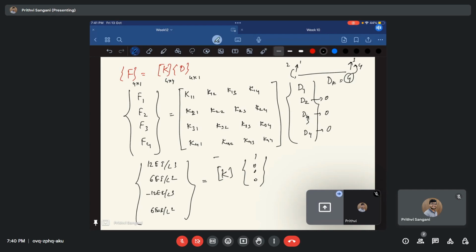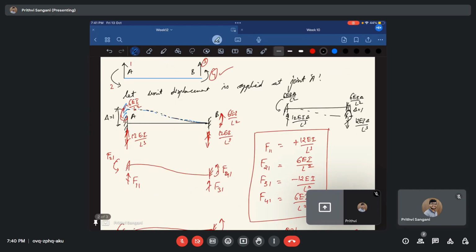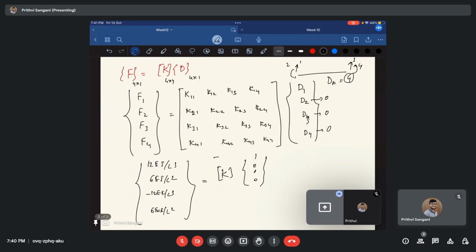And what about K22? K12 is going to be 0. Now K11 times 1 plus K12 times 0 plus K13 times 0 plus K14 times 0.